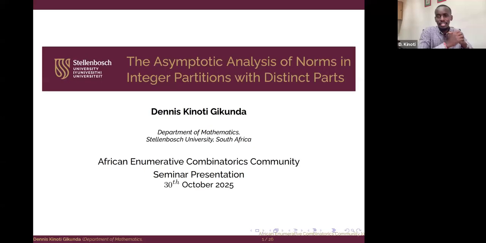For today's presentation, the asymptotic analysis of norms in integer partitions, and I decided to look specifically at those partitions with distinct parts.